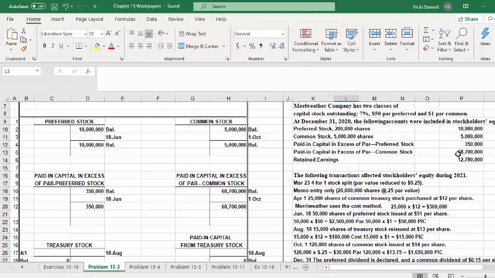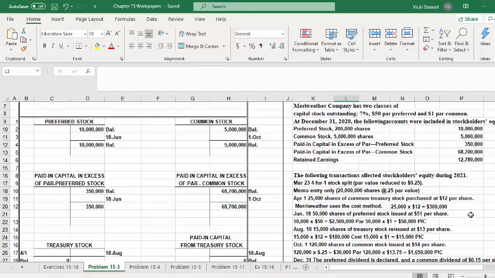We make a memo entry only, where we list or show the number of shares that are now outstanding and the par value. So notice that we originally had 5 million shares and it was $1 par. So now we have 4 times that number of shares and we have only a 25-cent par value, and that does come into play later in the problem.